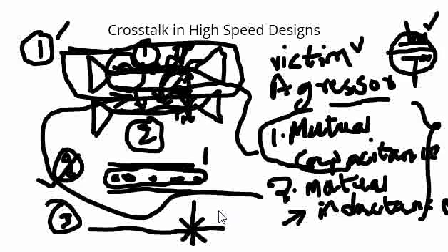Another important thing is, in case you cannot avoid this scenario, one other option is to avoid having two traces run parallel for a longer distance. This ensures that there is minimal coupling.